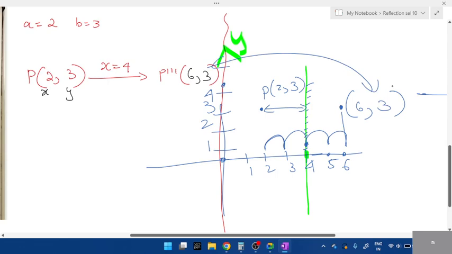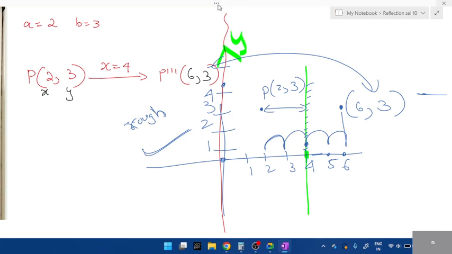All of you understood the graph? Is the graph clear? See, this graph can be a rough diagram, students. It's not mandatory that you have to use a graph. It can be a rough diagram. So this is what they meant. They meant parallel to the y-axis, meaning the y-axis and the parallel line, look, both are parallel.